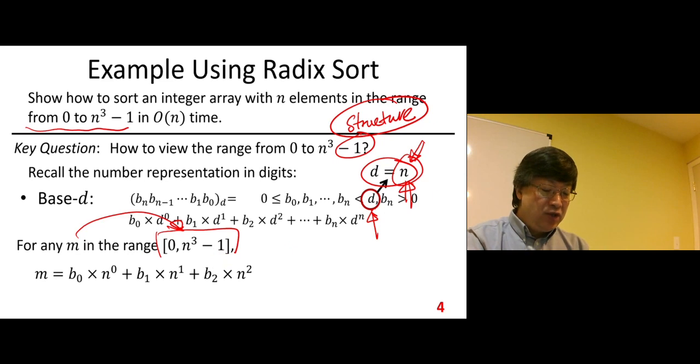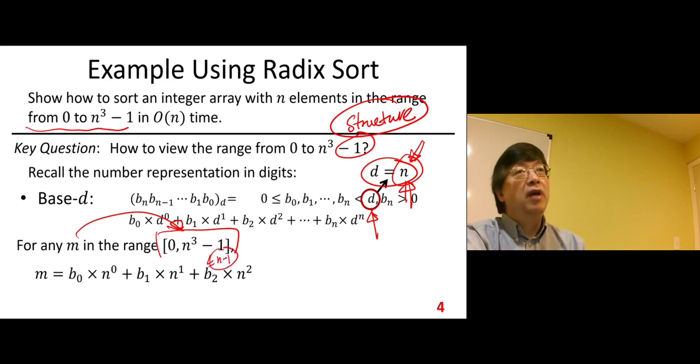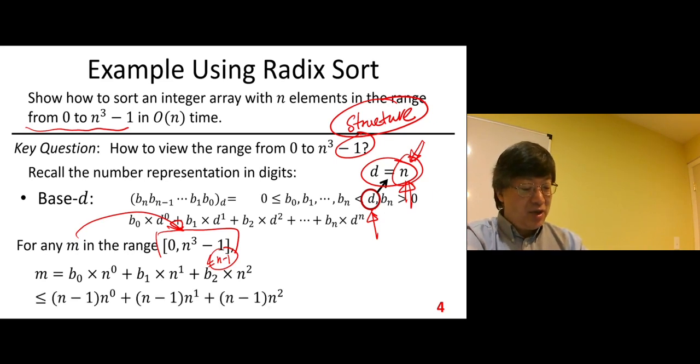Because each of B0, B1, B2 is less than or equal to n minus 1, it cannot be n. The largest possible digit is n minus 1. So let's use the largest possible digit value here. We get this one. What is this number? n cubed minus 1.